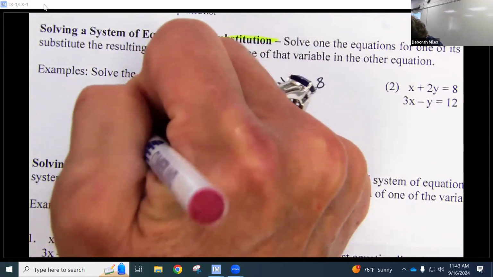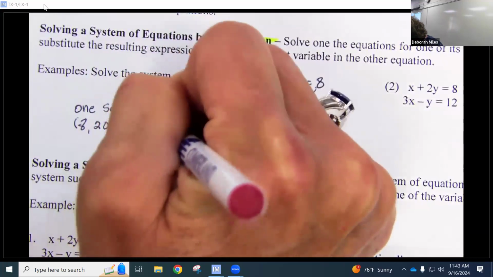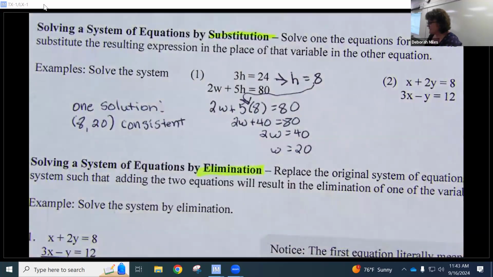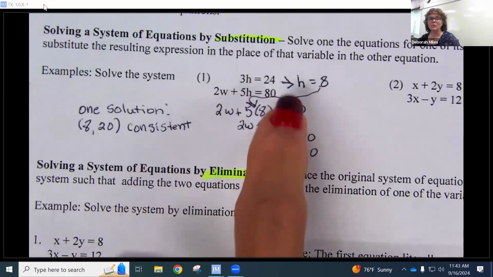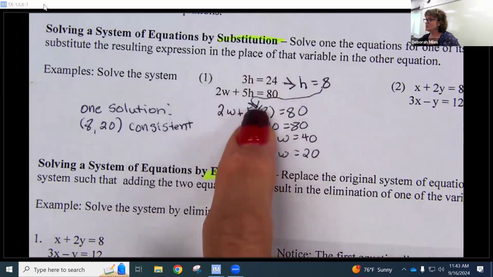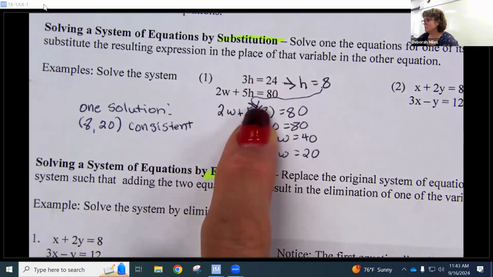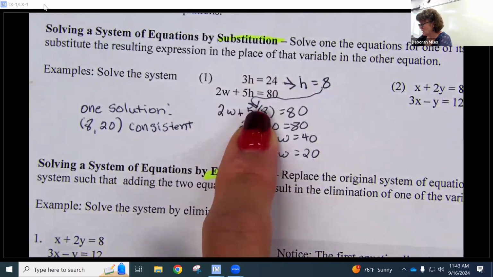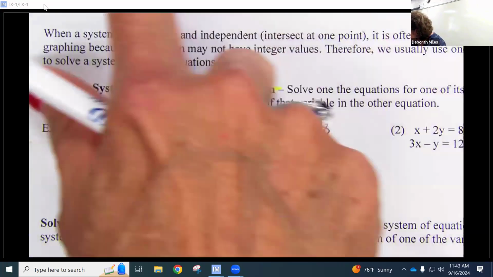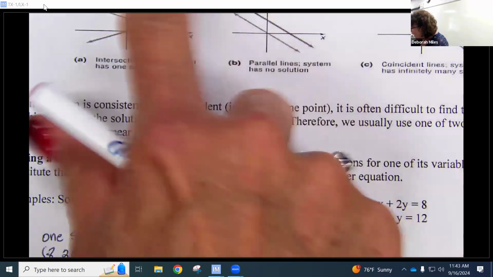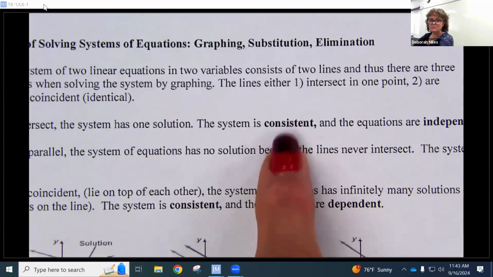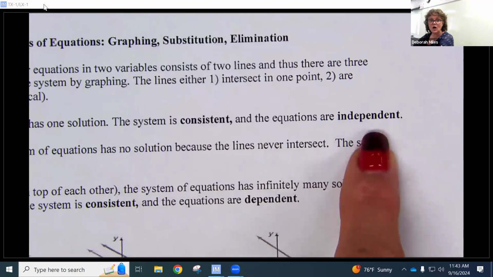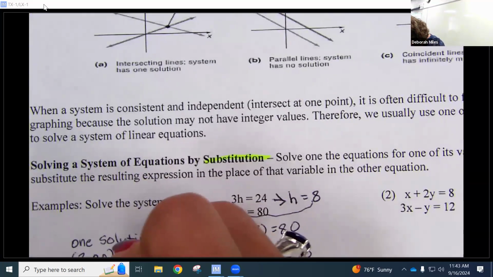Consistent is at least one solution. And in addition to saying the system is consistent, what can we say about these two equations in terms of dependent, independent? Two lines that cross in one point just have one solution. We say the system is consistent and the equations are independent.